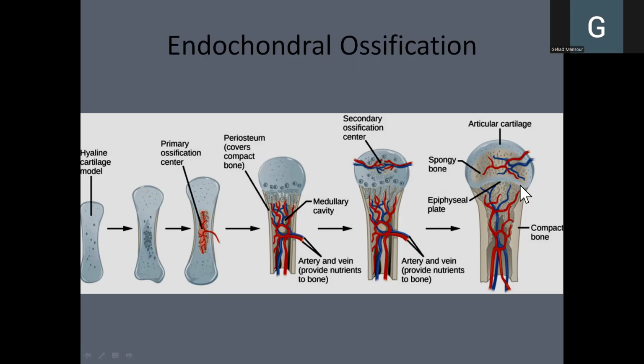Why is this epiphyseal plate important? Because if this epiphyseal plate becomes completely ossified like the rest of the bone, elongation of the bone or growth of the bone in length would stop. So the epiphyseal plate is considered the growth plate for the bone.